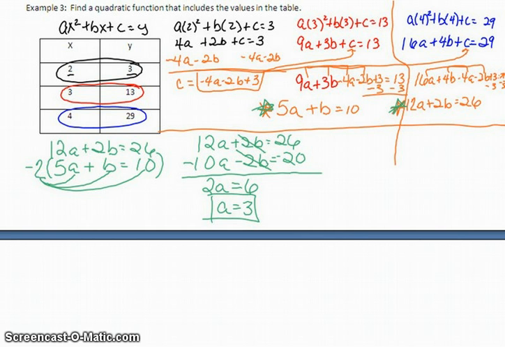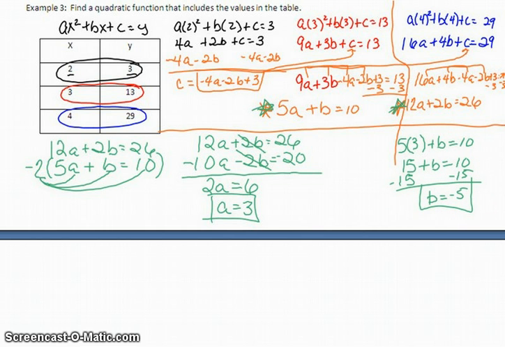So if I put it in this first one, I'm going to have 5 times 3 plus b equals 10. 15 plus b equals 10. Subtract 15 from both sides. B equals -5.